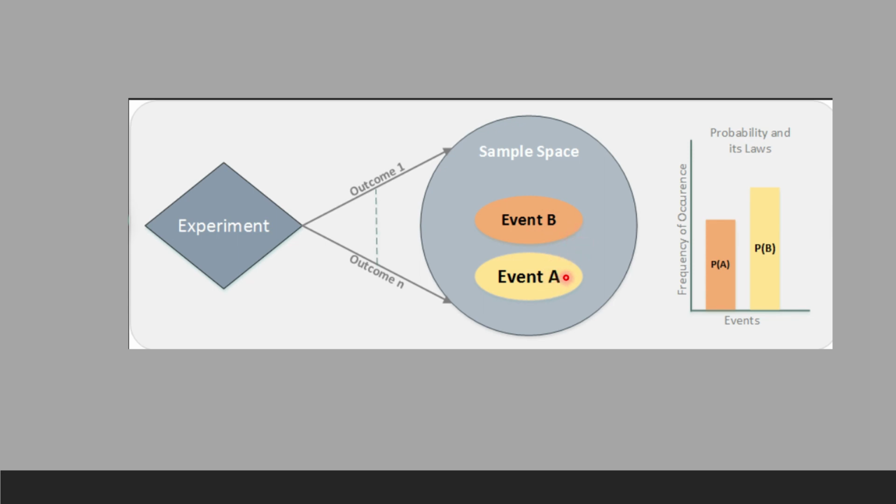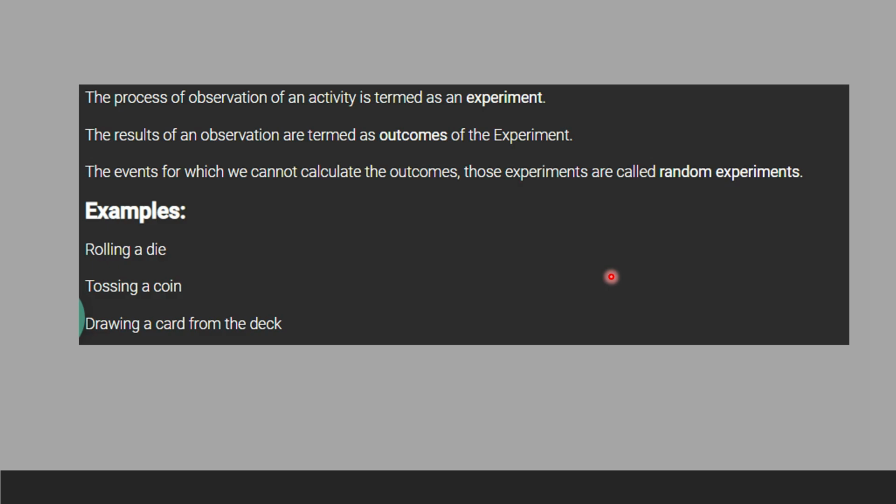For example, in event A you can get only head head and tail tail, and in event B you can get head tail and tail head. So this is the event and this is the frequency of occurrence. How frequently the event occurs is the calculation termed probability.